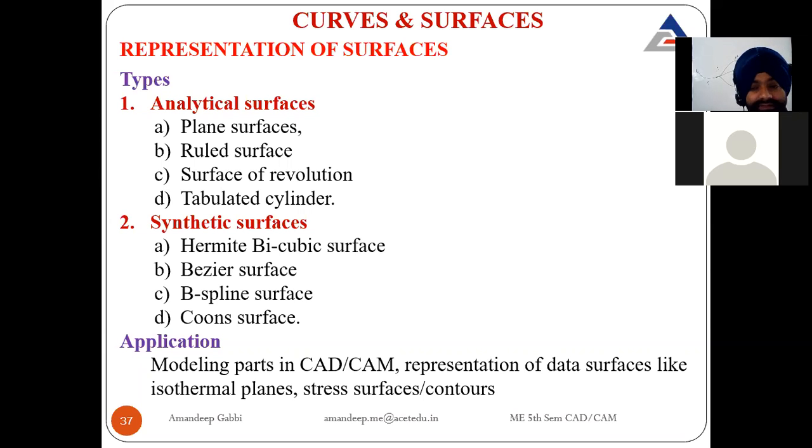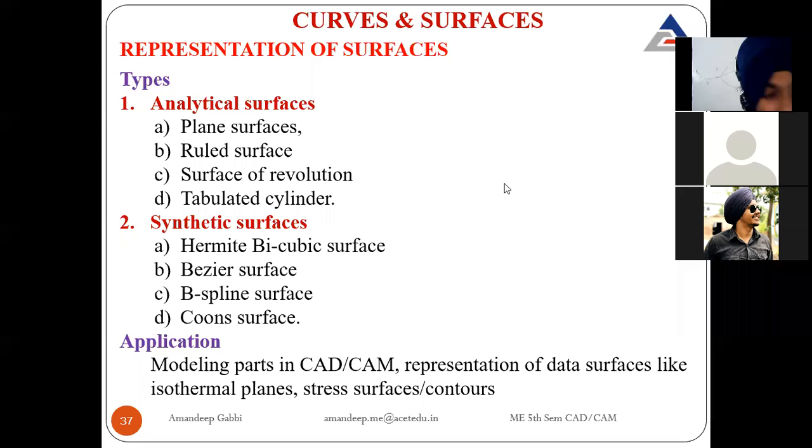That is called a ruled surface and surface of revolution. Sometimes you generate a triangle and revolve it about one end to generate a cone. It is called a surface of revolution. Similarly, there are tabulated surfaces.